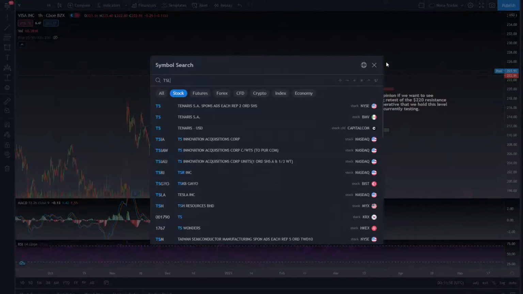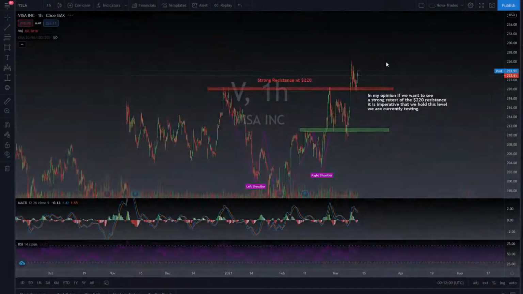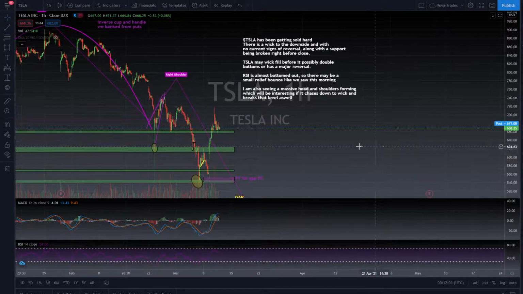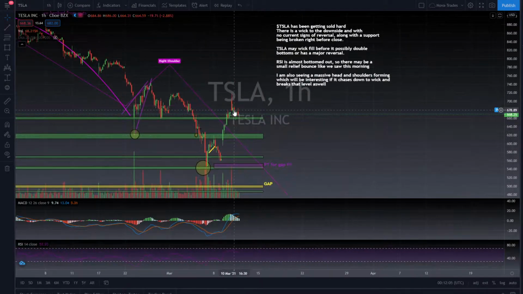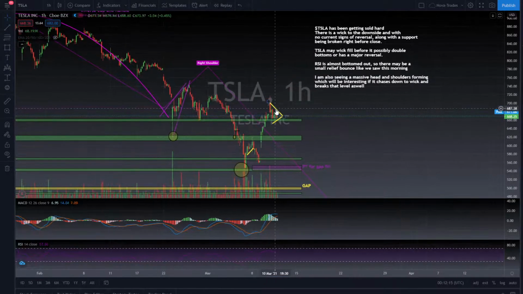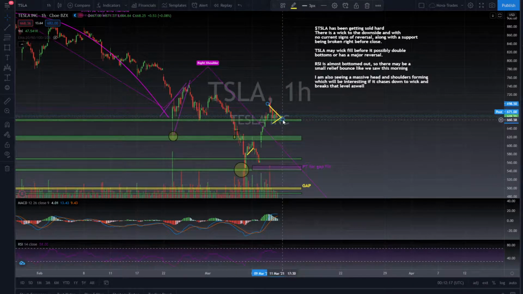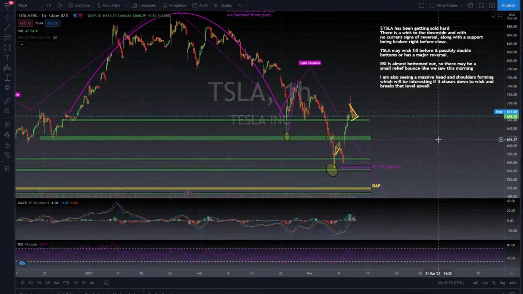Tesla. See, I had a bearish count on Tesla still. It does look like it's flagging right now though, on the 1 hour, and it's holding above a support. But I don't know, I think I'm kind of bearish on Tesla still.